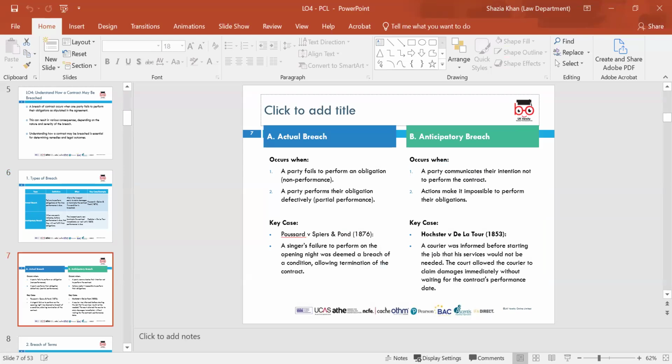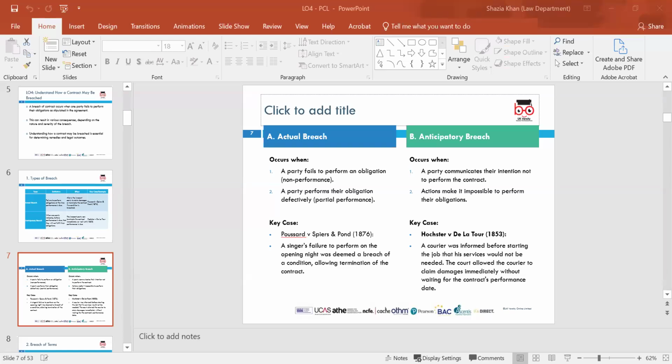So actual breach, which we looked at a little bit: an actual breach occurs when one party to a contract fails to fulfil their agreed obligations within the specified time frame, essentially not performing their part of the deal when it is due, which allows the other party to seek remedies. It means the breach has already happened, unlike an anticipatory breach, where a party indicates they will not fulfil the contract.